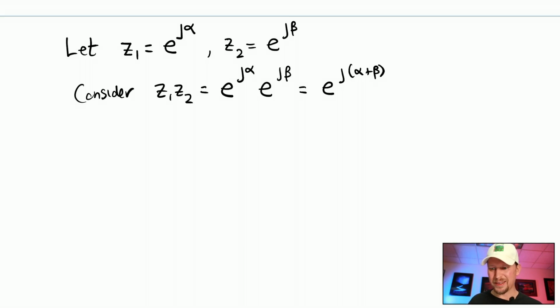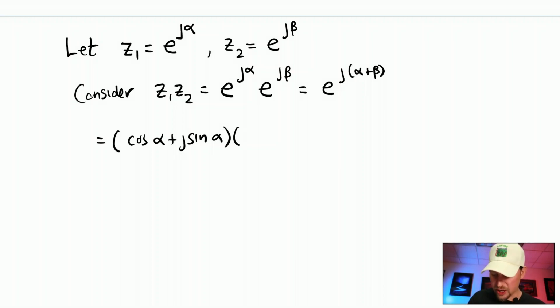Now, this happens to be in polar coordinates. I can also rewrite each one of these in Cartesian coordinates. So e to the j alpha is also cosine alpha plus j sine alpha. And e to the j beta is also cosine beta plus j sine beta.